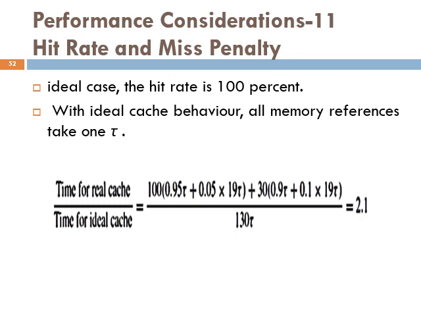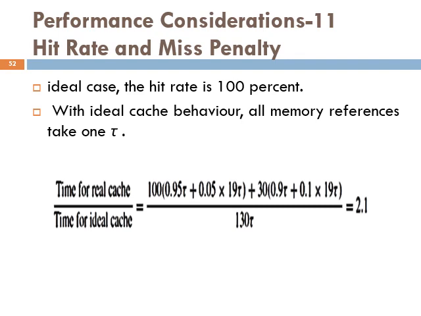High hit rates are essential for the cache to be effective in reducing memory access time. Hit rates depend on the size of the cache, its design, and the instruction and data access pattern of the program being executed. It is instructive to consider how effective the cache of this example is compared to the ideal case in which the hit rate is 100%.